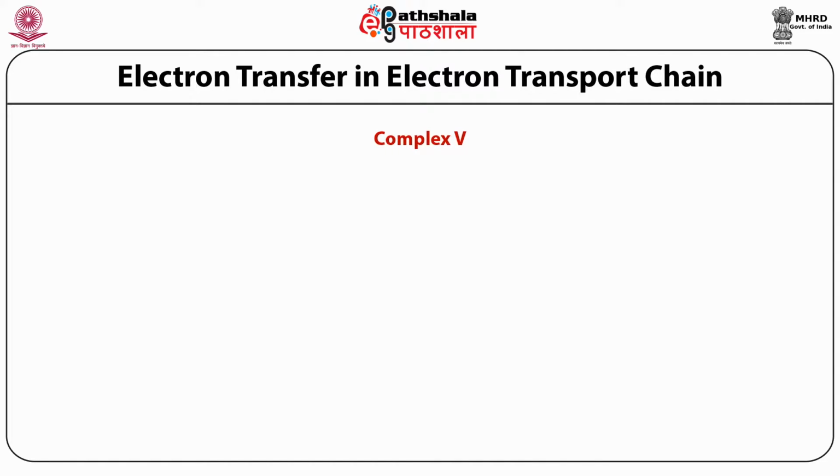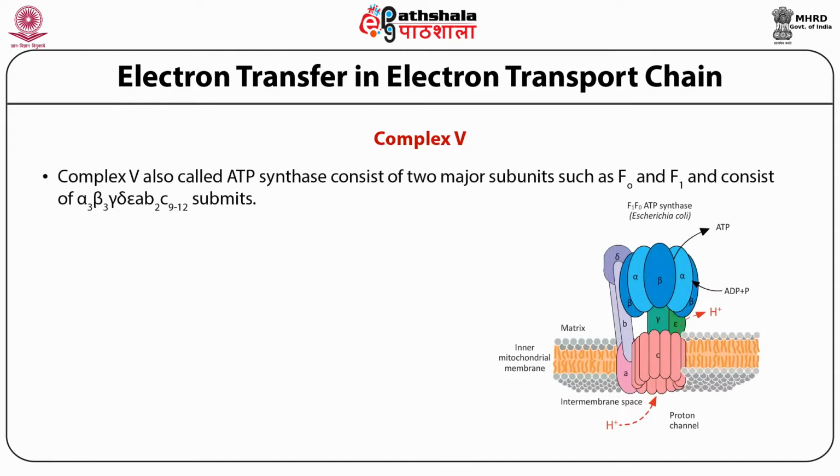As the complex first, third and fourth pump protons from matrix to intermembrane space, it is complex 5 that is responsible for the proton movement from intermembrane space back into the matrix.